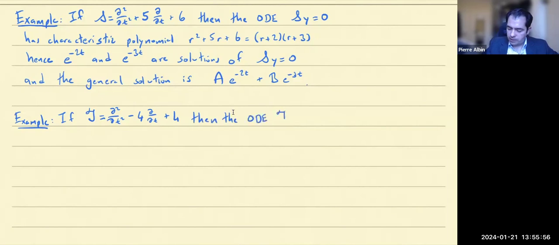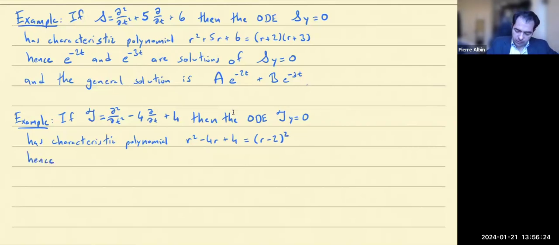So then the ODE T of y equal to 0 has characteristic polynomial r squared minus 4r plus 4, right, which factors as r minus 2 squared.